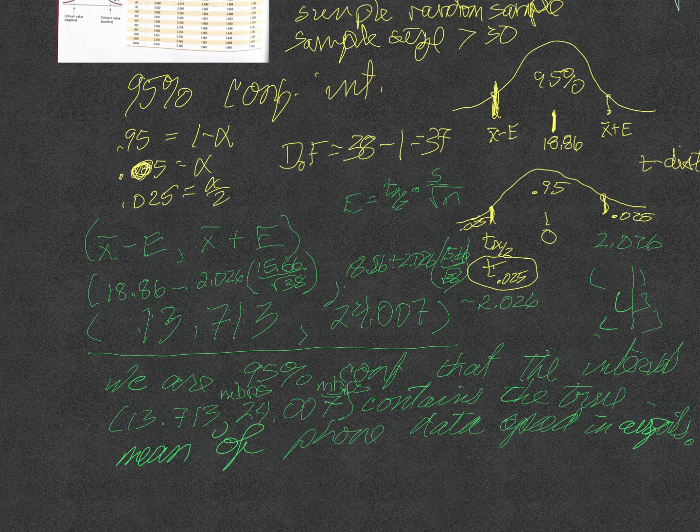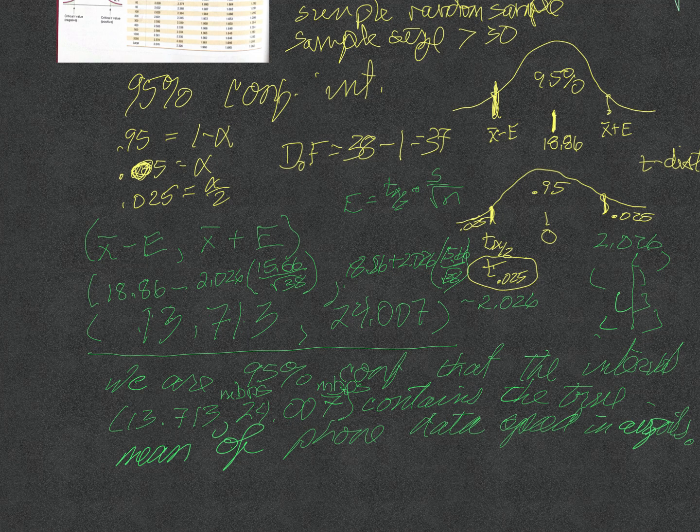And basically in our case, if we had 100 of them that we created in this way from 100 different samples, we would expect 95 of them to actually contain the true mean. And some of them are just gonna miss it, all right? So that's kind of the idea behind a confidence interval.